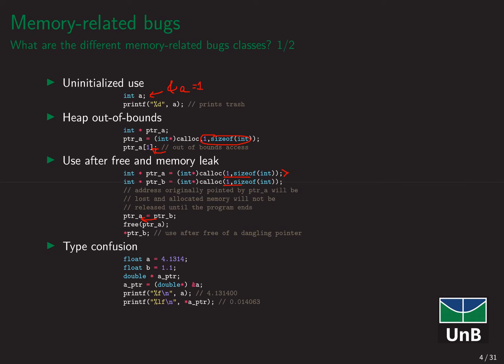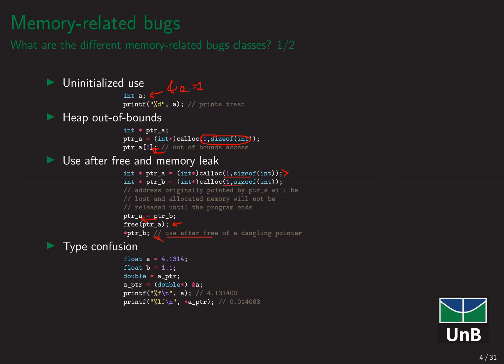And here the value of pointer A, which is pointing to the same value as pointer B, is being freed, and now we are trying to access it, resulting in the use after free, which is also a problem because you can have a dangling pointer, in this case, pointing to a memory address that was already allocated for a different object and will be rewritten or wrongly read from.